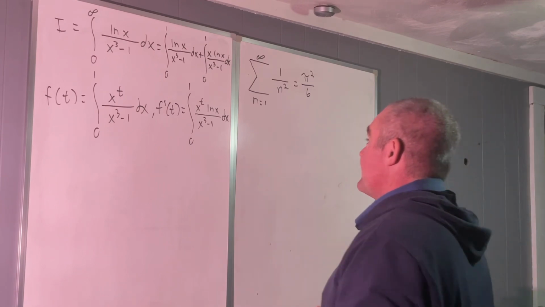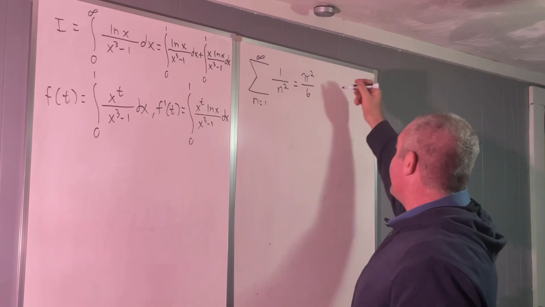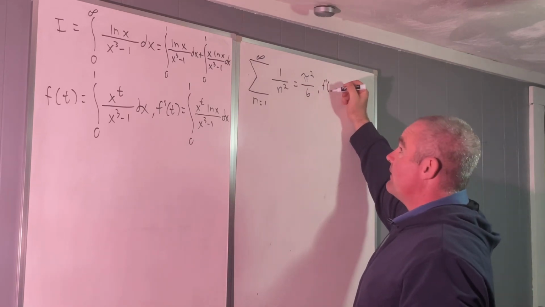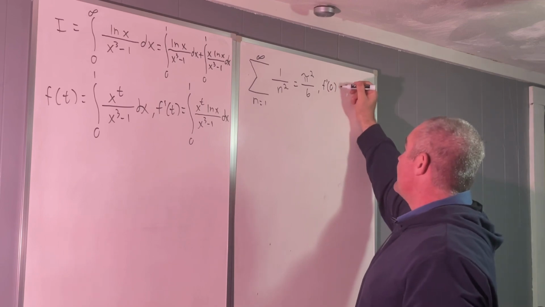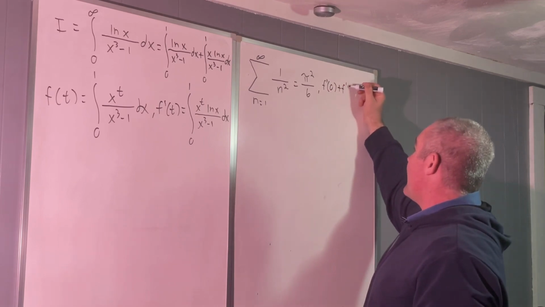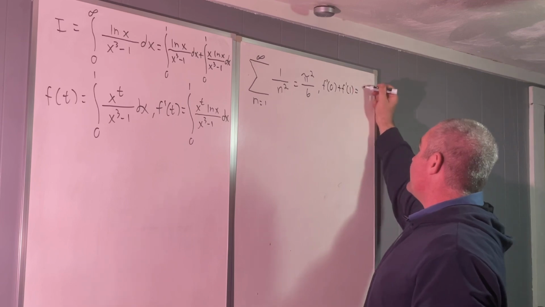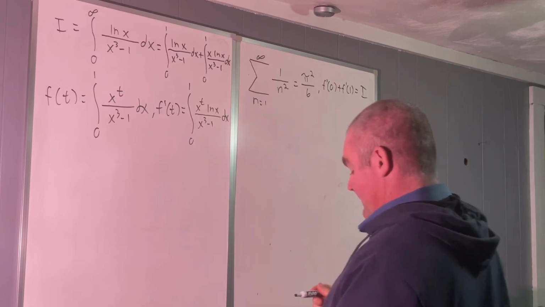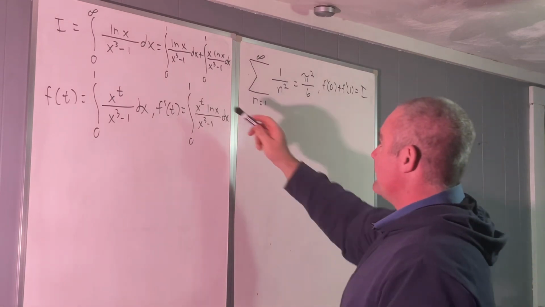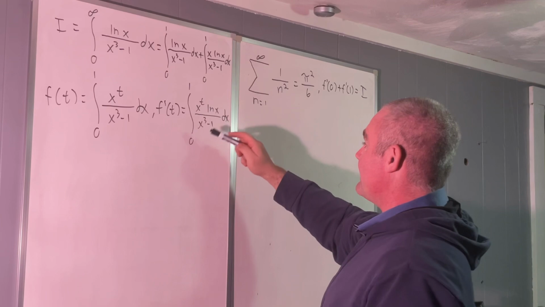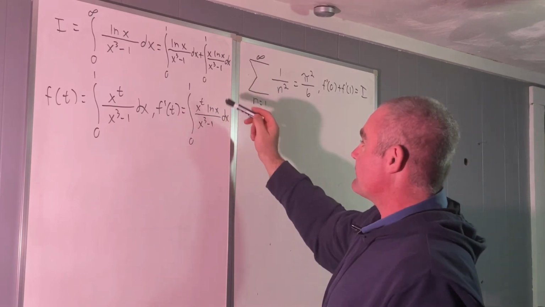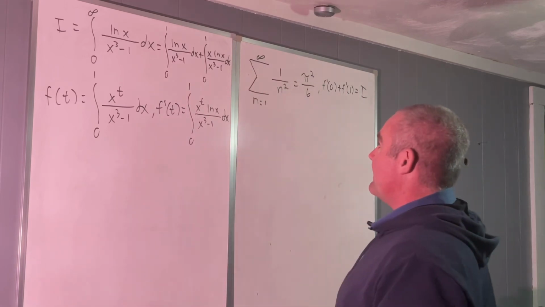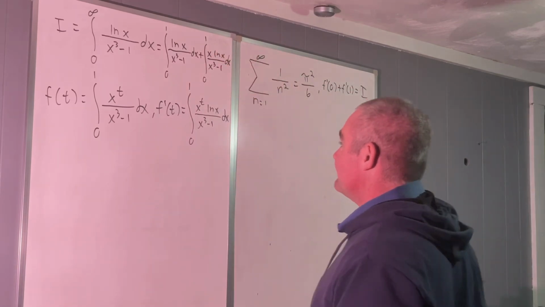Now we can see if we take f prime at 0 plus f prime at 1, we get back our original integral. See, f prime evaluated at the point 0, that would just make this x to the t go away. So we'd have the integral from 0 to 1 of natural log x over x cubed minus 1, which is the first part. And if you evaluate it at 1, you'll recover this x.